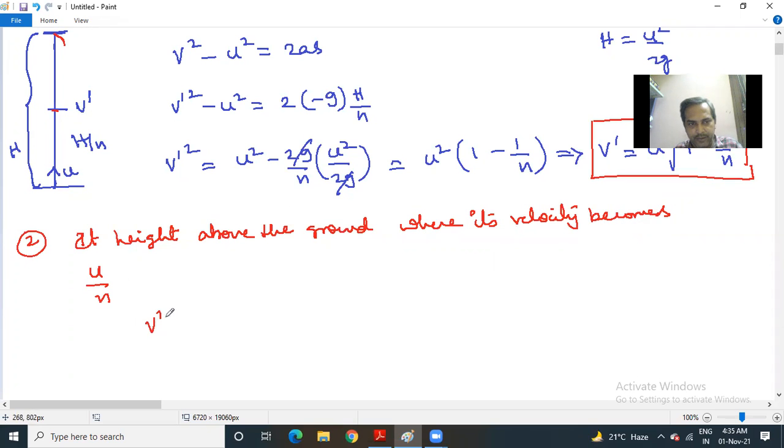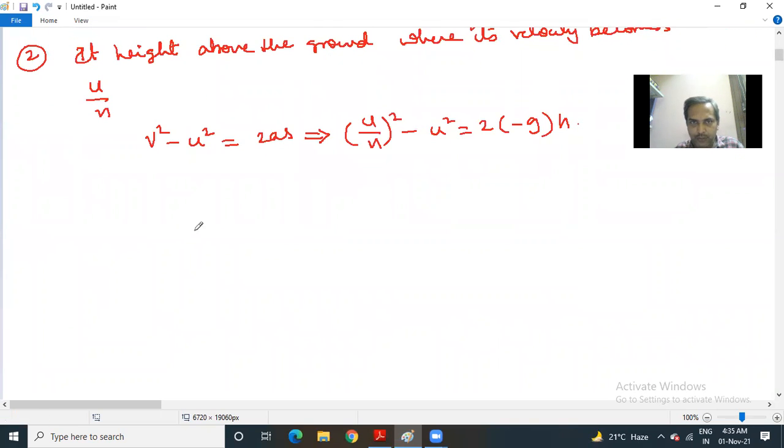So we need to find out at what height velocity becomes u by n. Once again, make use of v square minus u square is equal to 2as. But the final velocity is u by n whole square, minus u square is equal to 2 times minus g times the height, say h.